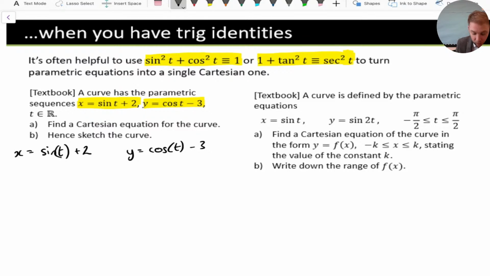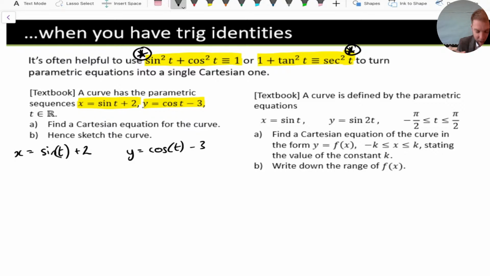We're going to use a trig identity to substitute in our values to replace sine and cos to create a Cartesian equation. So which out of these has sine and cos in it? Well, we can see that the one on the left, sine squared plus cos squared, is equal to 1. So that's what I'm going to write down.